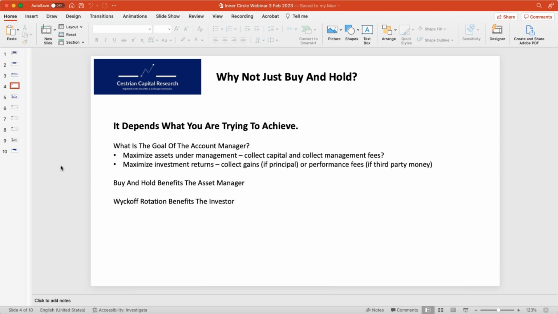But if the goal is to manage investment returns in order not to collect particularly management fees, but to collect gains in the shape of performance fees if you're managing third-party capital, or gains for yourself if it's your own capital, then to me, buy and hold is overly simple.